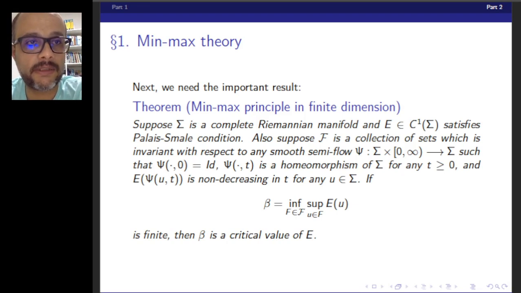If you fix the parameter t, psi with t fixed is a homeomorphism of sigma. So in such conditions, if beta is defined by this expression, the infimum of the sup in this family F, then the number is finite, and also it is a critical value of E, of the function E.